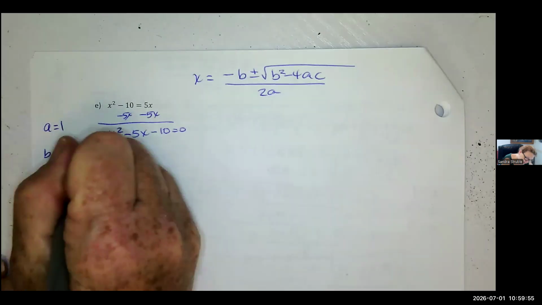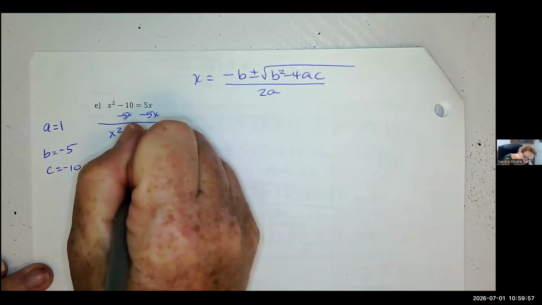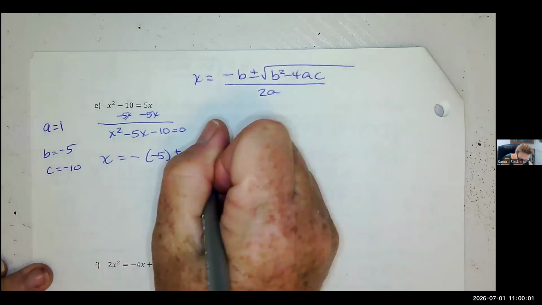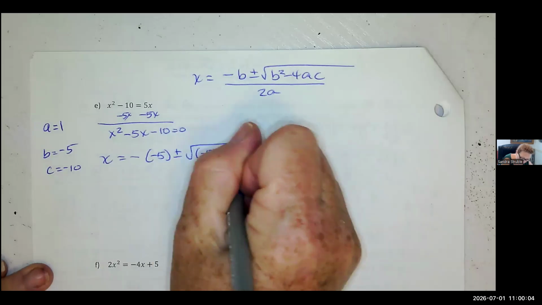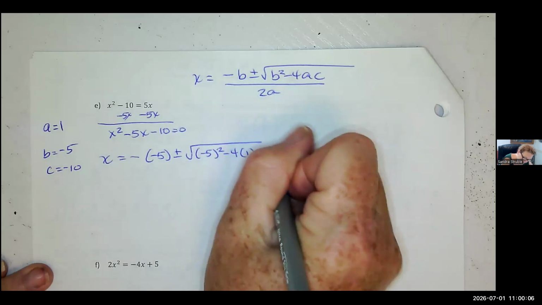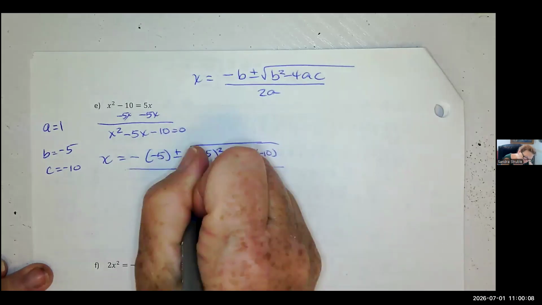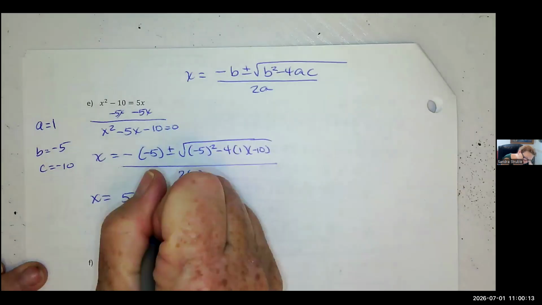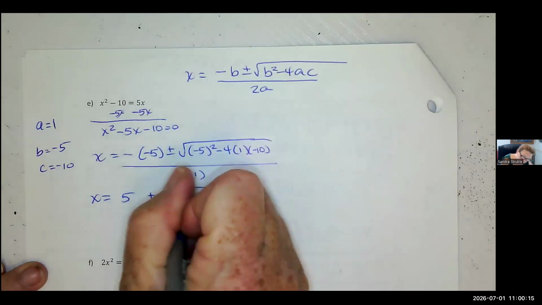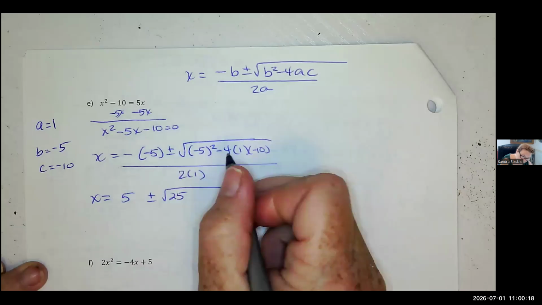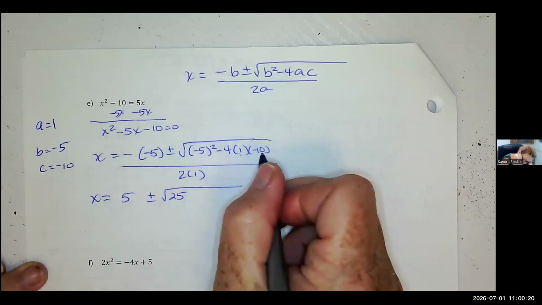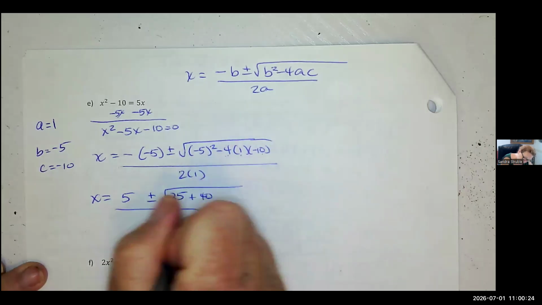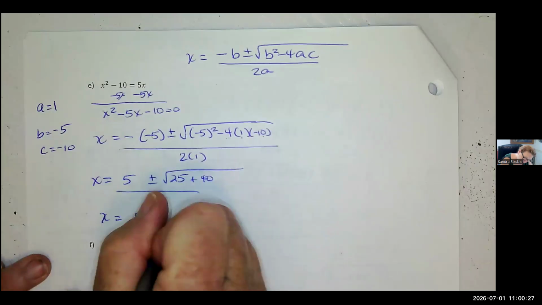Negative B plus or minus the square root of B squared minus 4AC, and all of this is over 2 times A. Negative and negative is +5. -5 squared is 25. -4 times 1 is -4. -4 times -10 is +40. And then x is equal to 5 plus or minus the square root of 65 over 2.